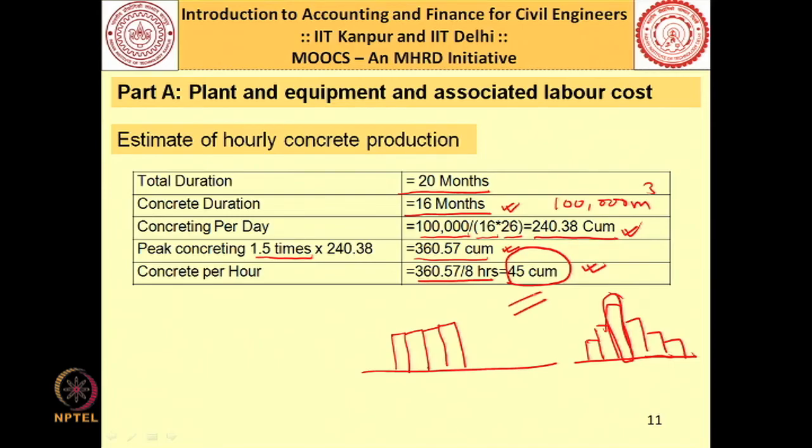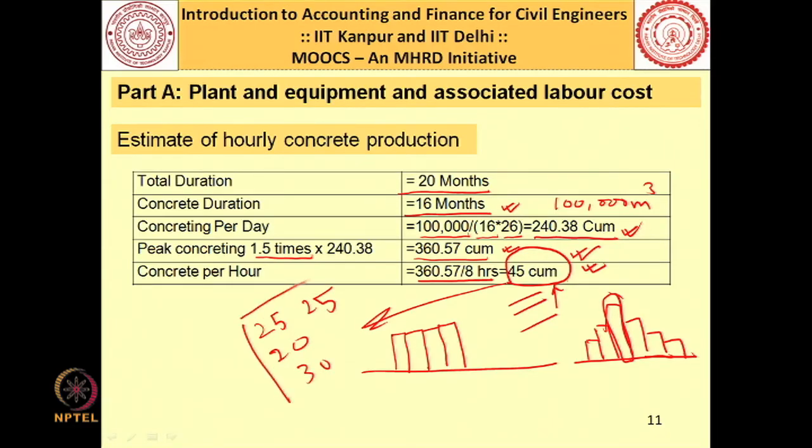So, this calculation is done essentially to find out what kind of equipment is needed for my project. So, now I will look for that particular equipment which can give me 45 cubic meter hourly. Now, here again you have to make a choice whether you will go for a single equipment which can give you, let us say, 45 or 50 cubic meter, or whether you would like to go for 2 equipment of, let us say, 25, 25 or maybe even 20 and 30.